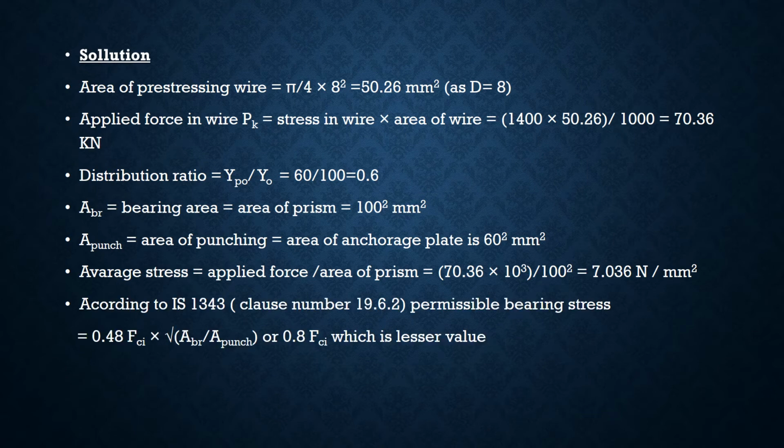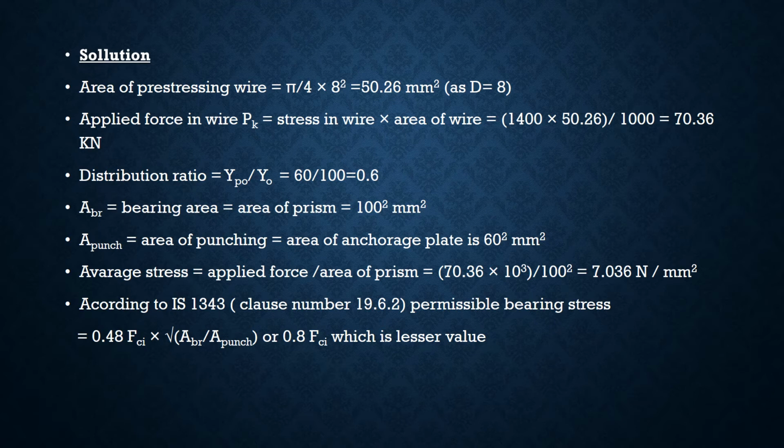Now, according to IS 1343, permissible bearing stress is equal to 0.48 FCI into root over of ABR by A punch, or 0.8 FCI, whichever is the lesser value.